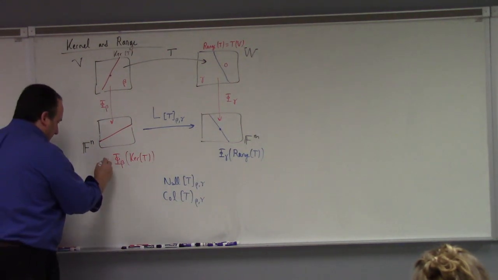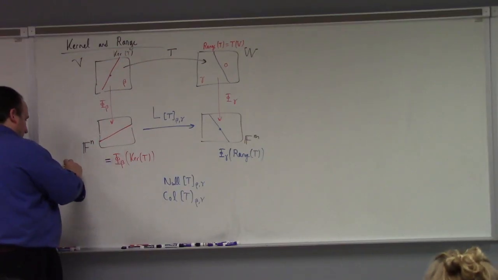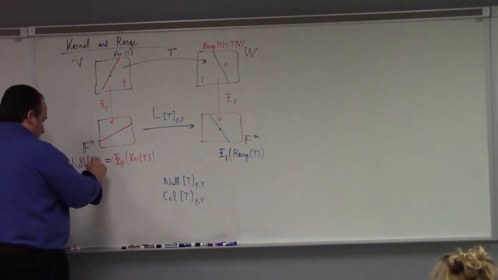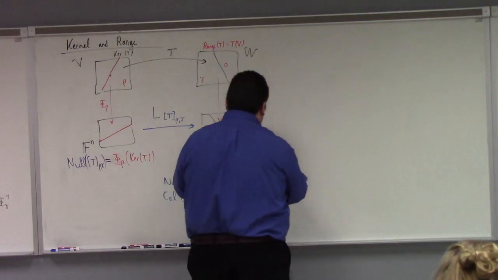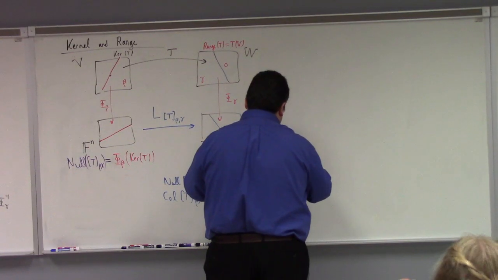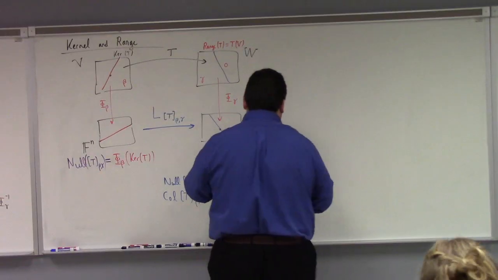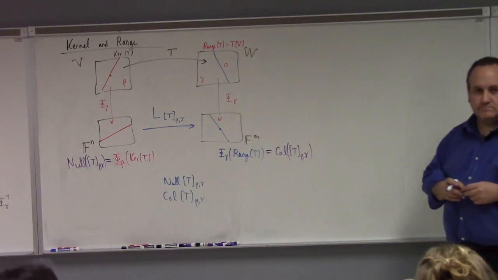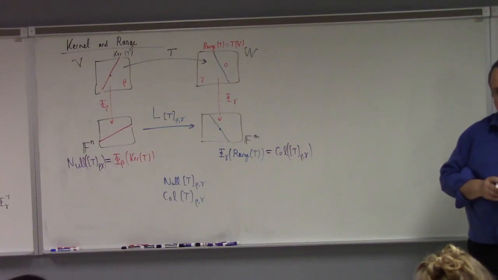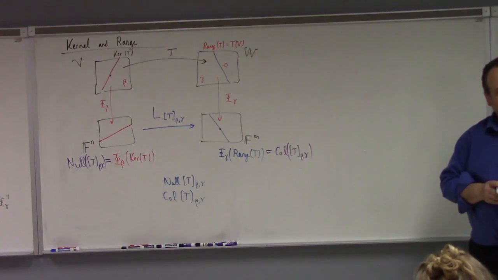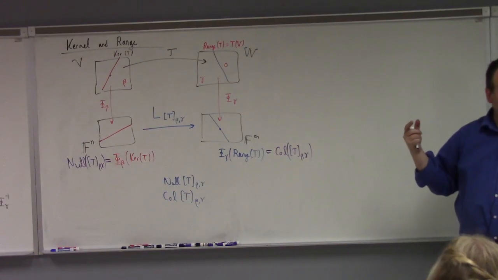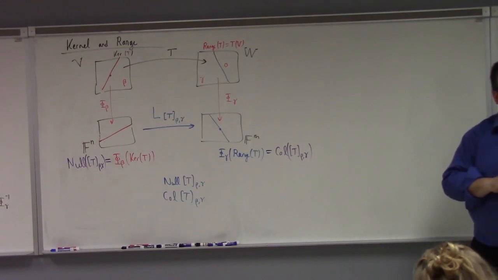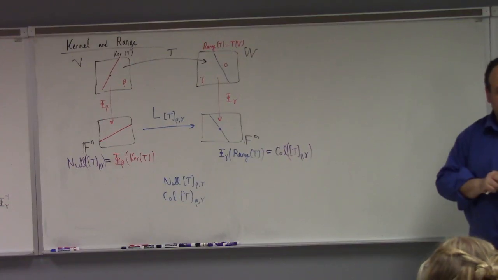I'll tell you, we can prove that this is actually the same as the null space of that matrix, and this is going to be the column space of the matrix. So incidentally, this gives us another tool for calculating the kernel and the range for a map. If we choose coordinates, we can calculate the column space and the null space for the matrix, and then work backwards and figure out what the corresponding kernel and range was, in principle.